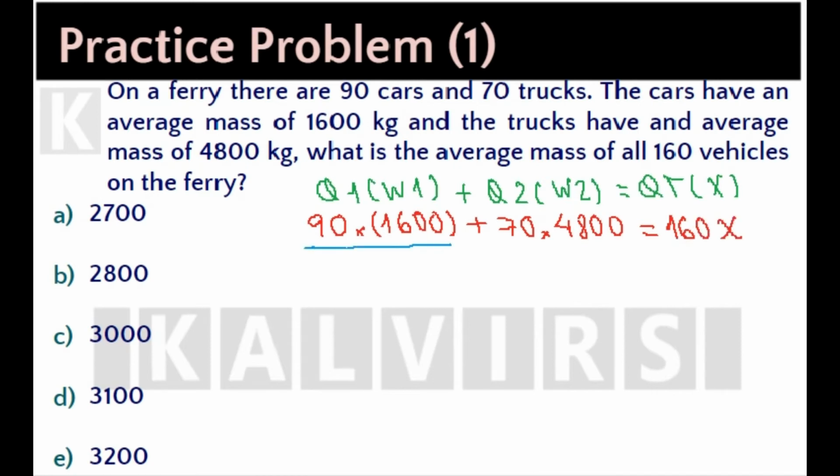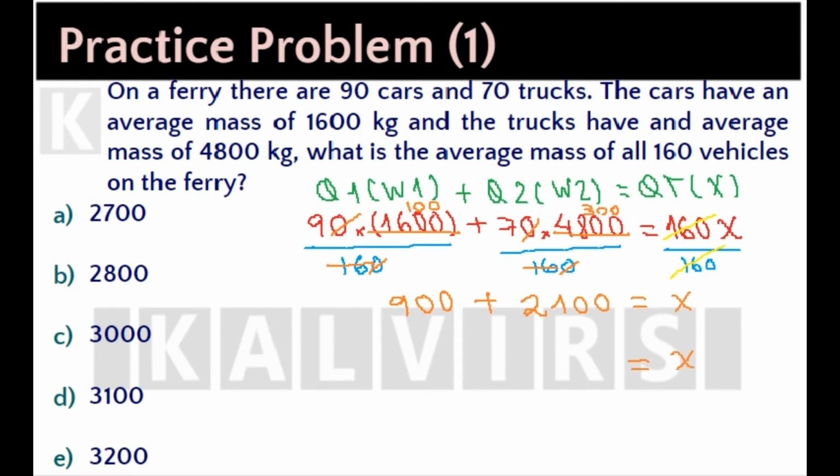You can divide everything by 160, we can cancel this one, and here we can cancel these zeros, and finally divide this one. We get here 100, and here we get 300. So finally we get 900 plus 2100 equals x. Finally x equals 3000. Choice C is correct.